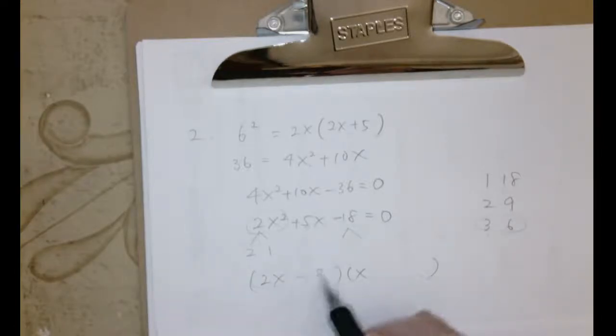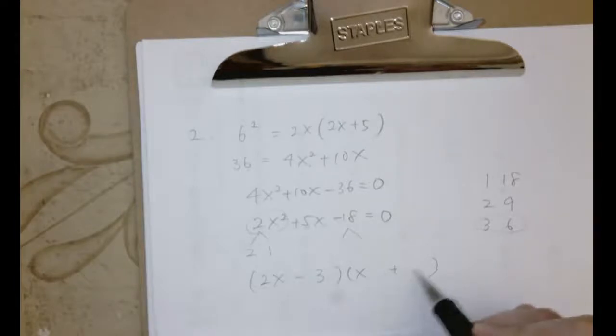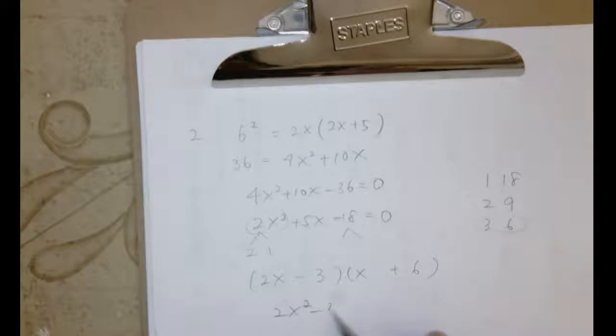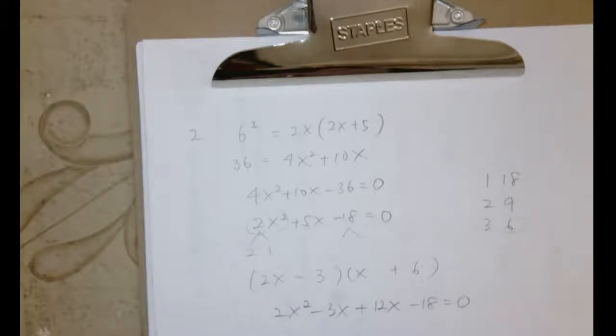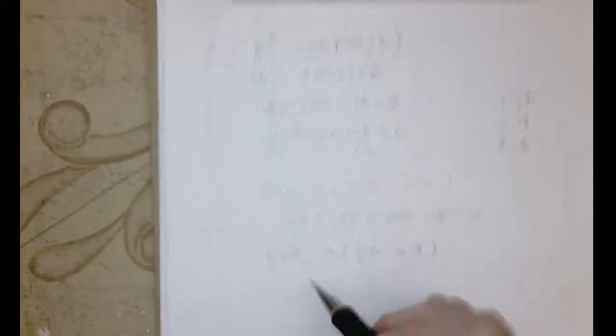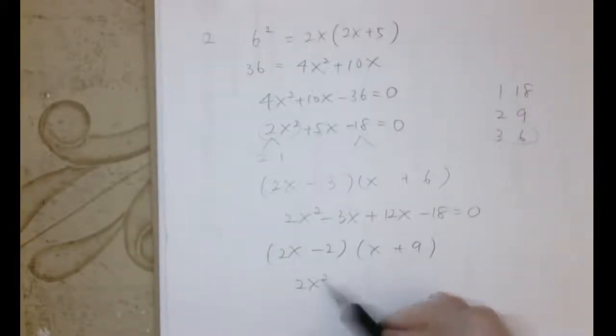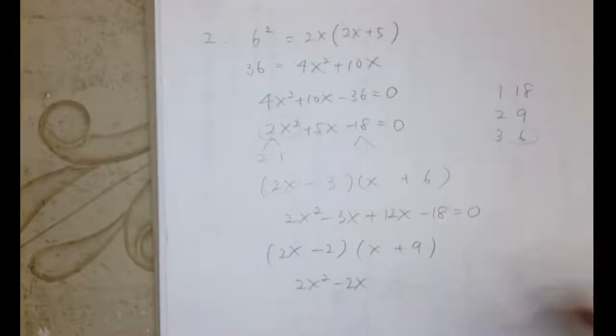Okay, so let's do minus 3 and plus 6. So then 2x squared minus 3x plus 12x minus 18 equals 0. And then this is plus 9, so that's not going to work. And let's try this. 2x minus 2, x plus 9, okay, so 2x squared minus 2x, so that's not going to work.